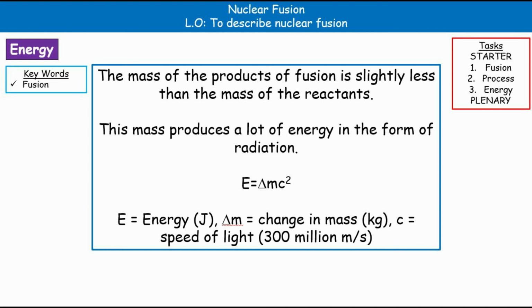And therefore, even with these tiny changes in mass, because we're obviously multiplying it by the speed of light squared, this is going to lead to huge amounts of energy being given out. So tiny changes in mass result in huge amounts of energy. Hence why our stars are so bright that we can see them from here on Earth, many millions upon millions of miles away from them.